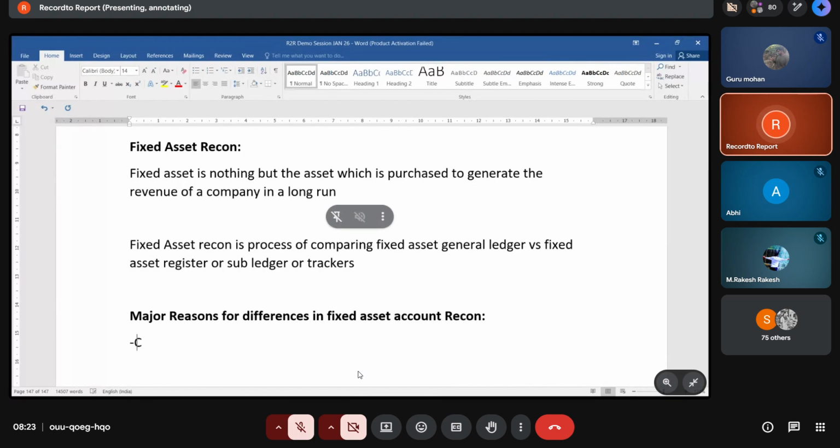So that will be called capitalization differences, depreciation mismatches, and another reason is manual errors.